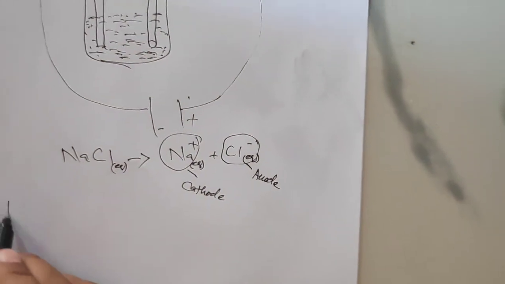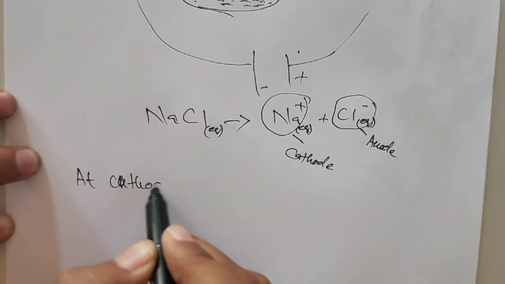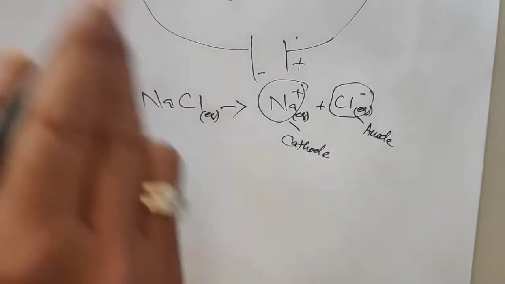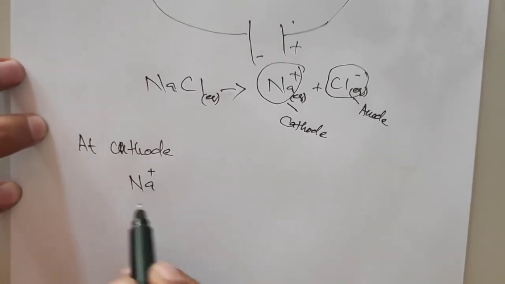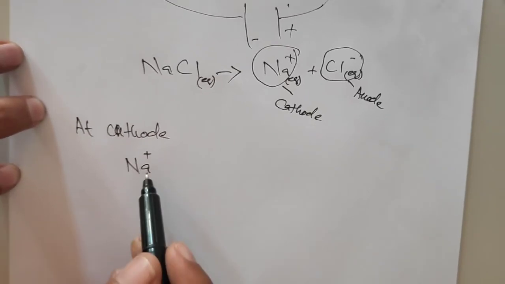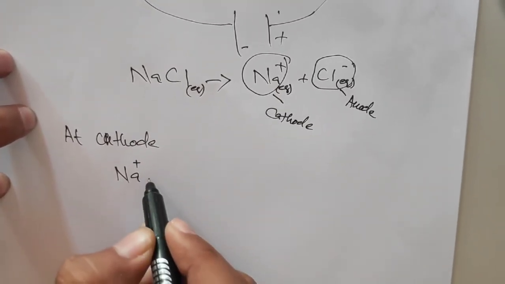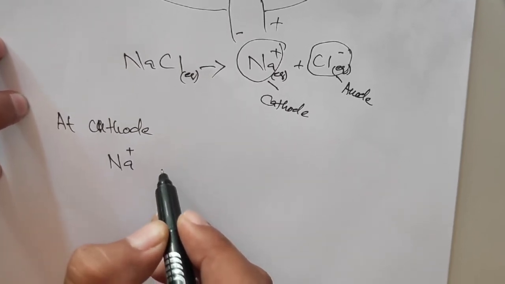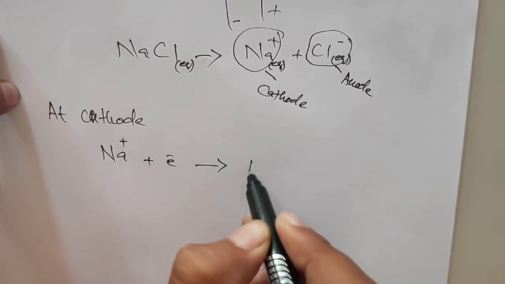So at the cathode, what happens? Sodium will move towards the cathode. When sodium moves towards the cathode, it will gain the electron which it lost in the chemical reaction. So Na plus will gain one electron and become neutral Na.